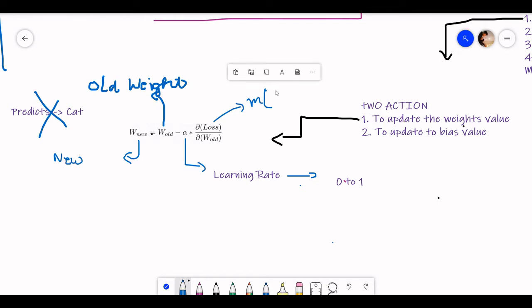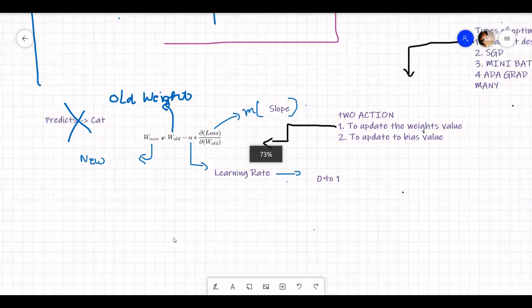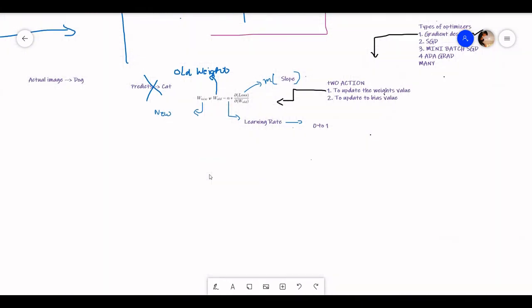In our 11th or 12th classes we already studied what a slope is. Now our slope value can be both positive or negative.